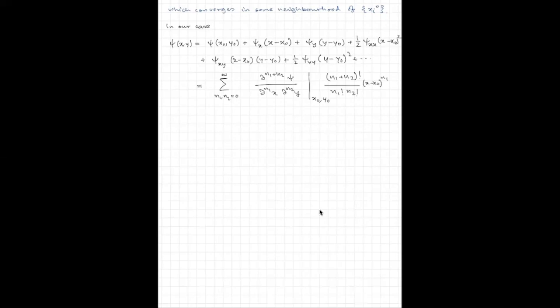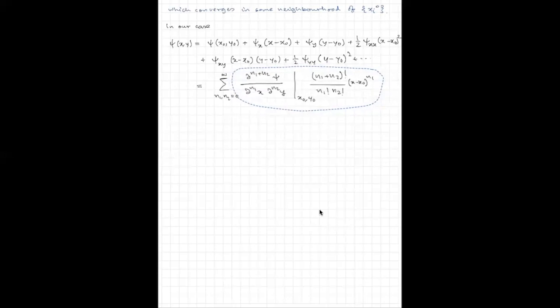and again, I'm running out of space, so I need to move this. y minus y naught whole to the n2.